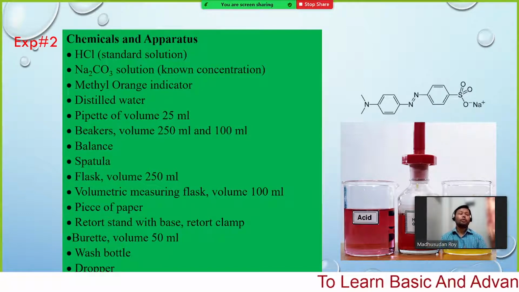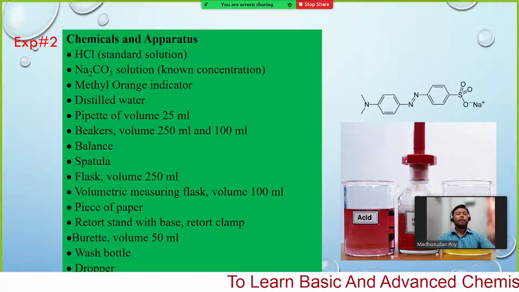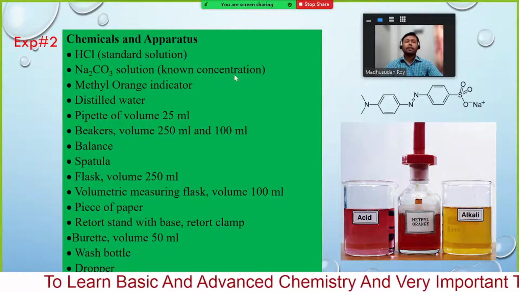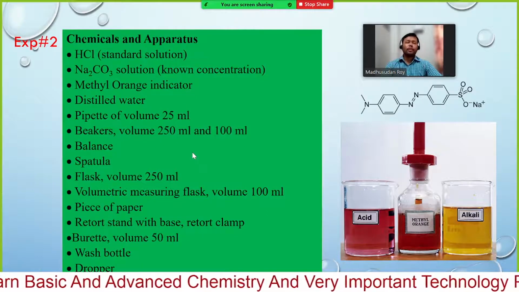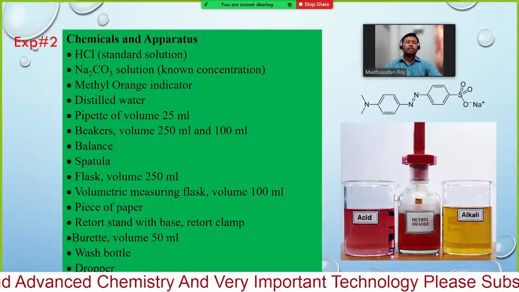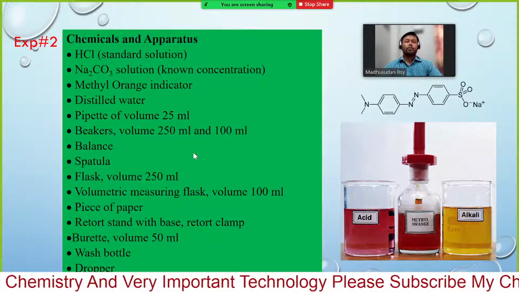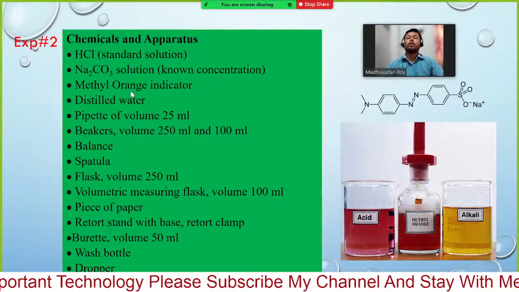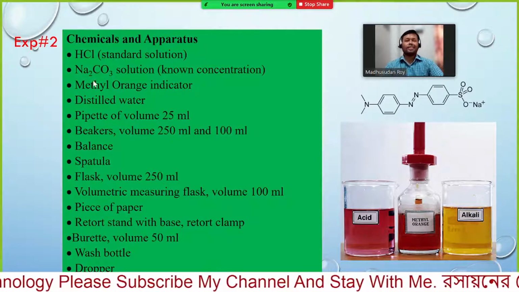In that case we used phenolphthalein as the indicator, but today we will use a slightly different indicator, because this type of indicator will give better performance for the type of solution we are going to standardize.